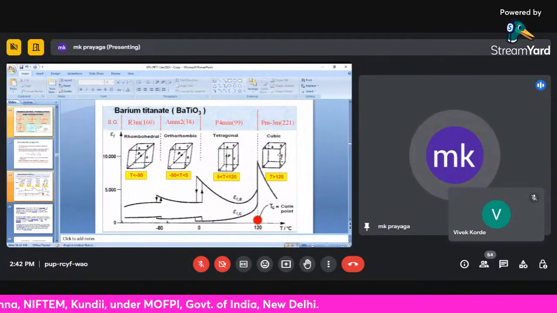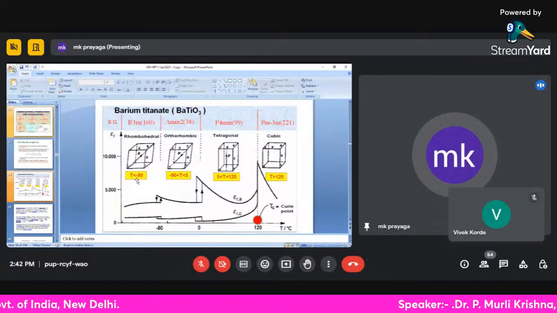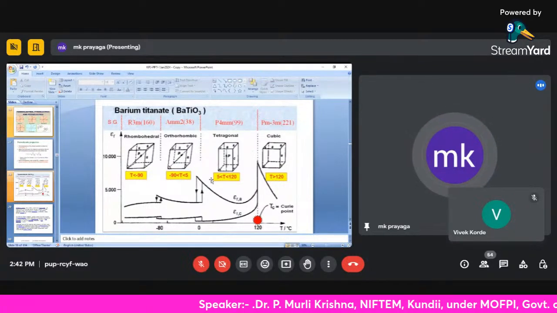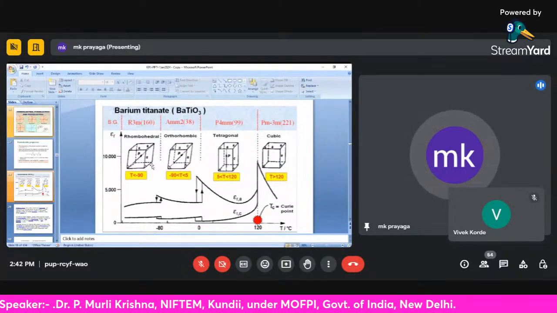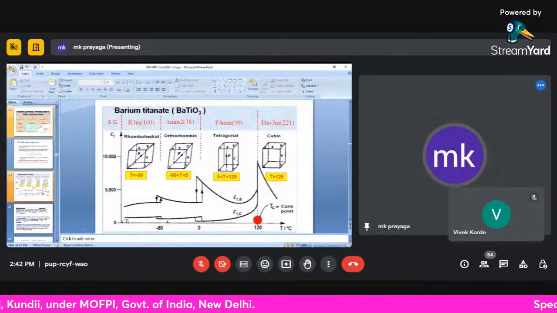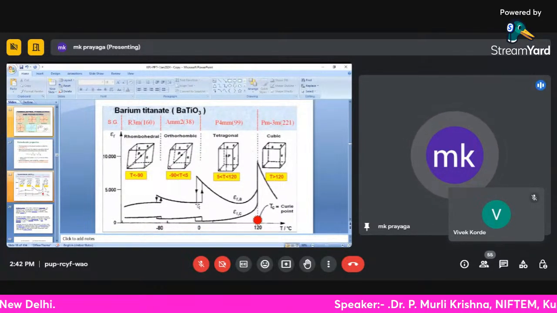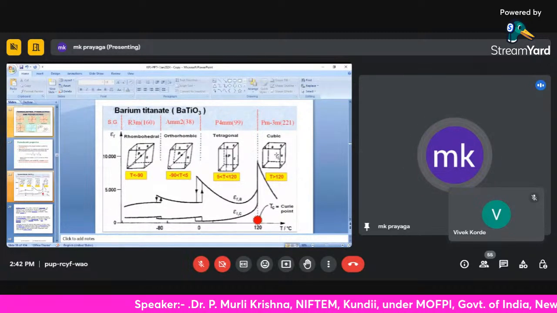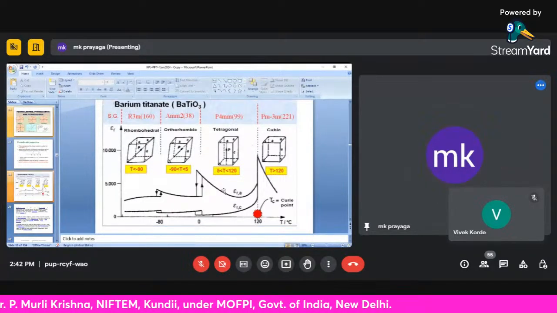But all these three, from low temperature, 90 Kelvin, 90 to 5, then 5 to 120, show non-centrosymmetry, which is the rhombohedral, orthorhombic, tetragonal phase variations. So this is the change of barium titanate with temperature. The phase is going to change, and finally above 120, it attains symmetric nature where it is not ferroelectric, that is paraelectric nature.